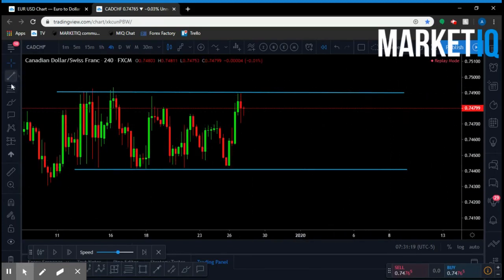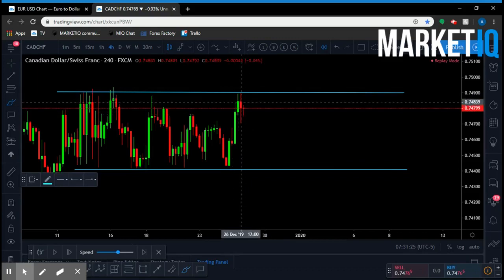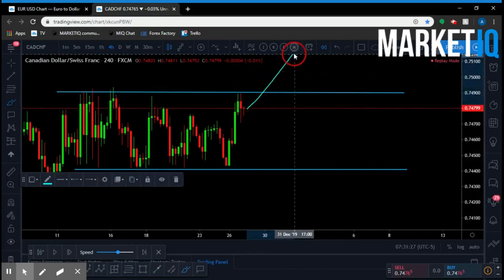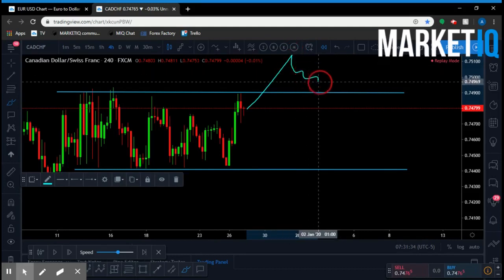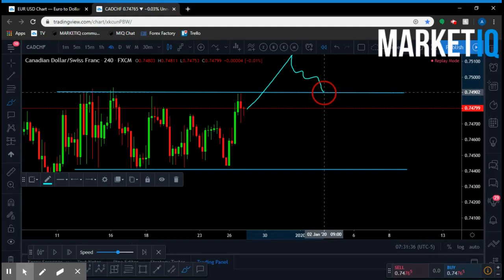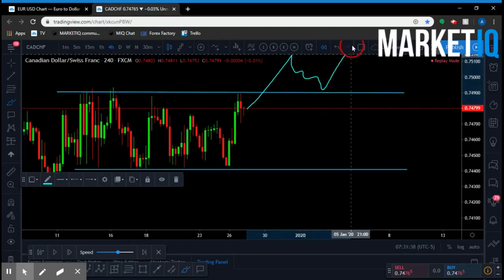At some point, price will make a move like this. It'll come up here, and then it'll break through the resistance, and then it'll come back down, and then it'll go up.